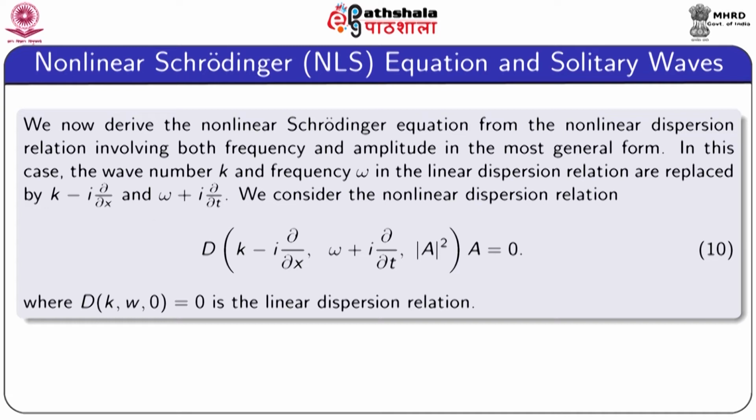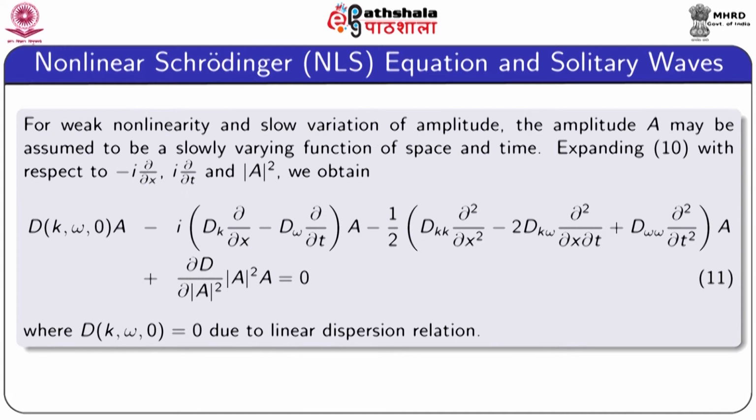From equation 10, if we expand it in a Taylor series, we obtain the equation written in 11. If we see the first term, this is nothing but the linear dispersion relation. So, the first term becomes 0.